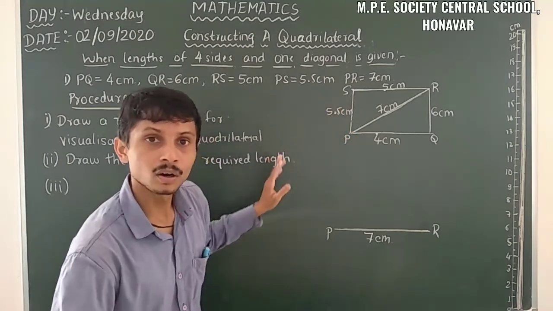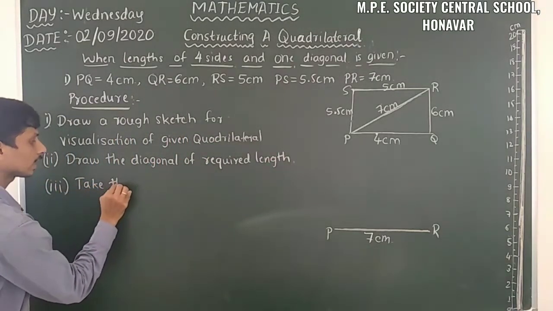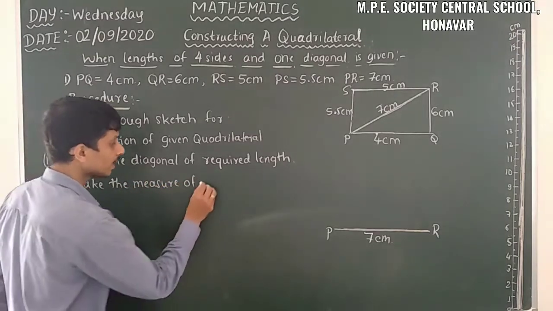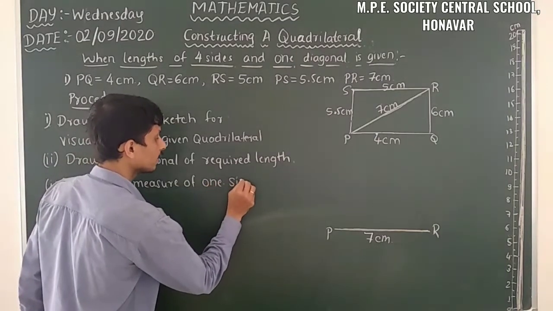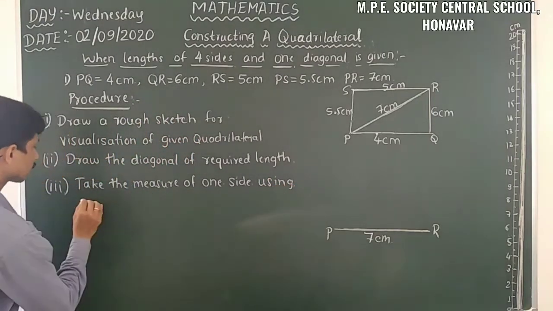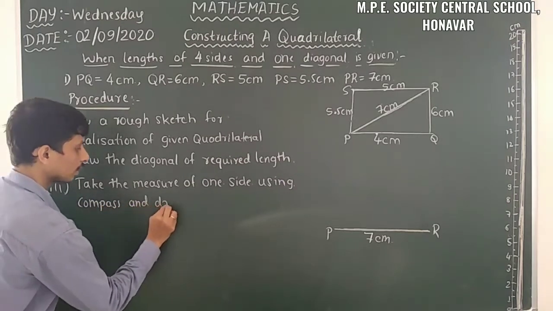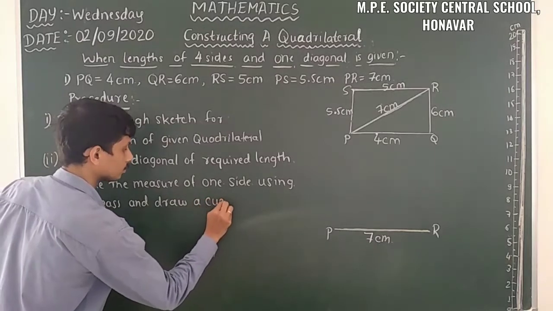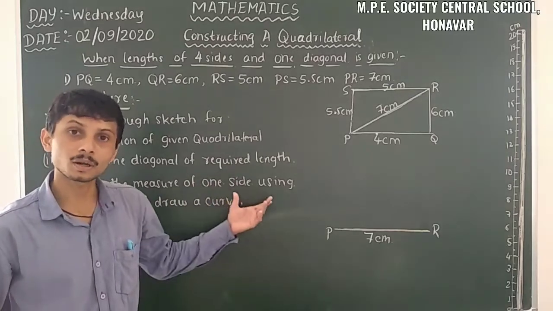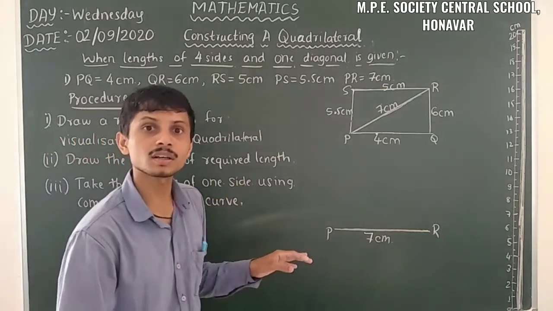Take the measure of one side using the compass, and draw a curve. After that we have to draw a small curve.